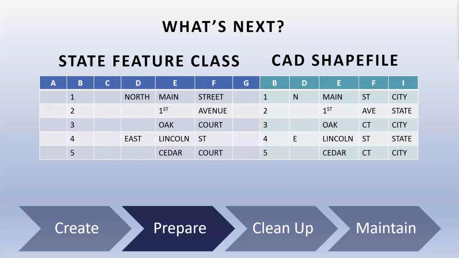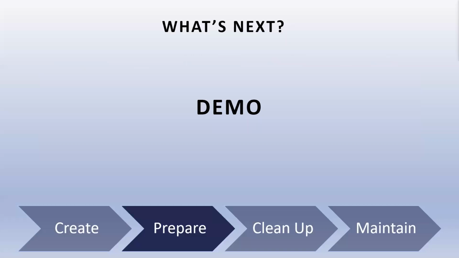The next step then is to field calculate any of that data from your CAD data into the state feature class. Some of that will require some work in that my CAD file has abbreviations for the direction and the suffix, and I need those spelled out in the state feature class. So there are some scripts you can use, some Arcade expressions that really help out with that. And again, since you guys have done most of this, I'm going to skip the demo that I was going to do for this, and we can spend more time on the next phases.